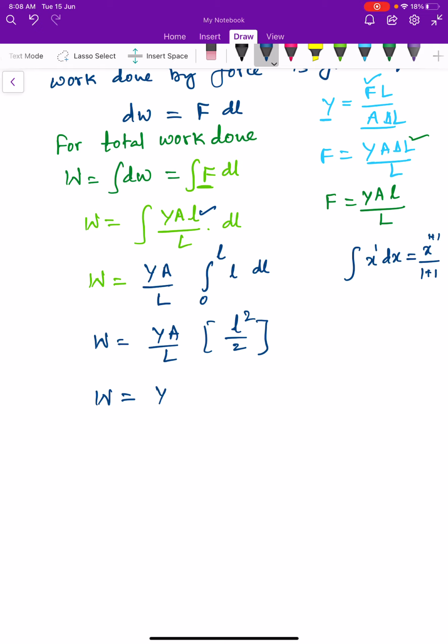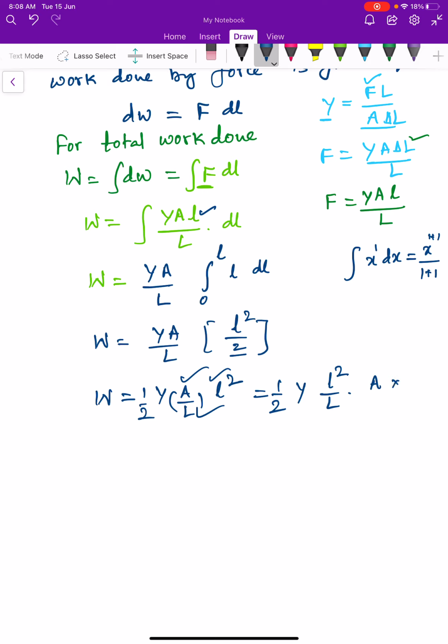So I am taking it as 1 by 2 Y A by L into L square. I am rewriting it as half into Y into L square divided by capital L. The remaining thing is area.